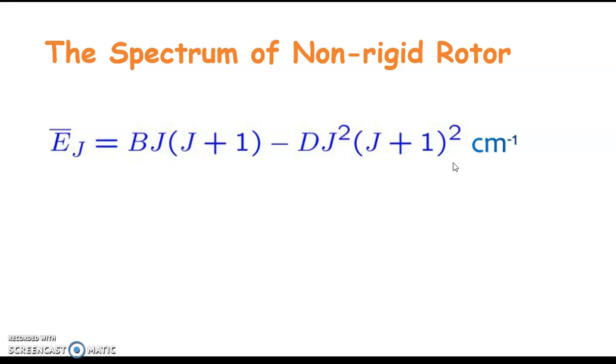Hence, for a non-rigid rotor, the Schrödinger equation for energy levels may be written as EJ equal to BJ(J plus 1), which is the expression for the rigid rotor, minus DJ square (J plus 1) whole square centimeter inverse, where D is the centrifugal distortion constant.